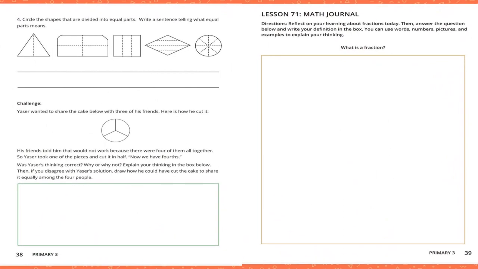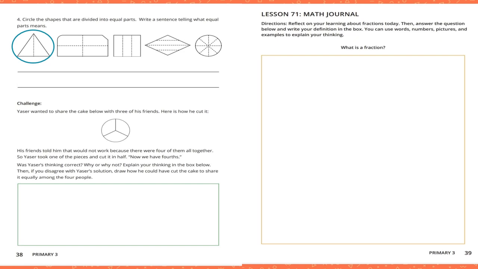Question number 4. Circle the shapes that are divided into equal parts. Write a sentence telling what equal parts mean. Now, the first shape, this triangle, is it divided into equal parts? Yes, so I will circle it. The second shape, is it divided into equal parts?